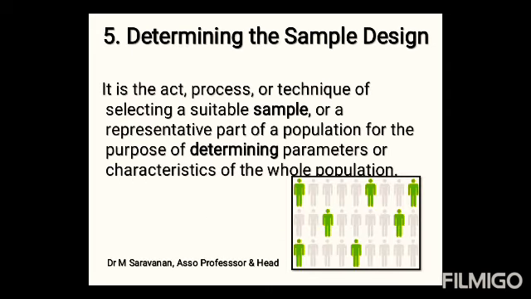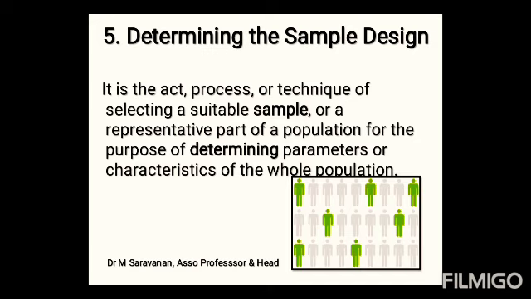Fifth one is determining the sample design. It is the act or the process or technique of selecting a suitable sample. All the items under consideration in a field of inquiry constitute a universe or the population. A complete enumeration of all the items in the population is known as census inquiry.